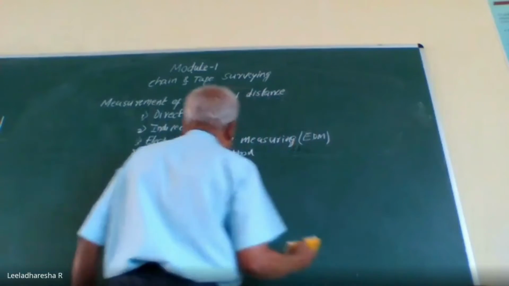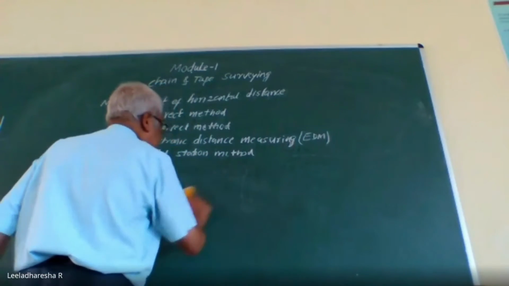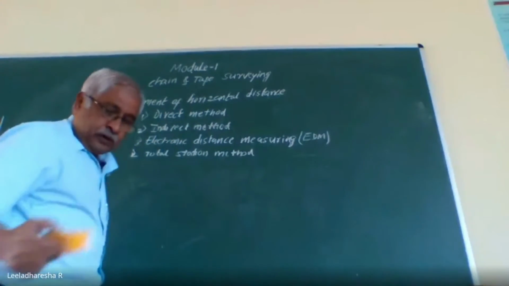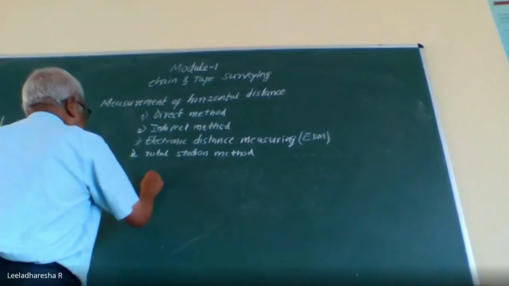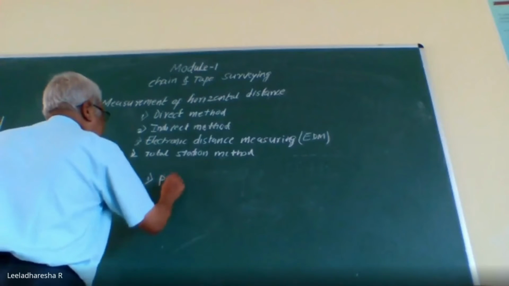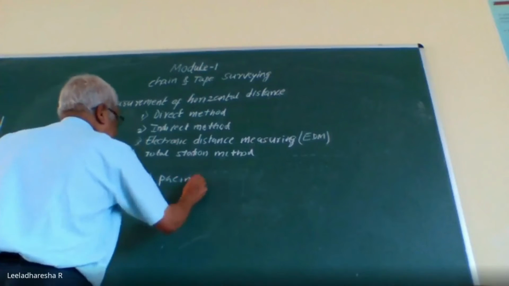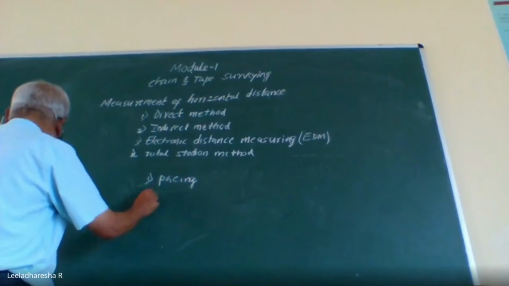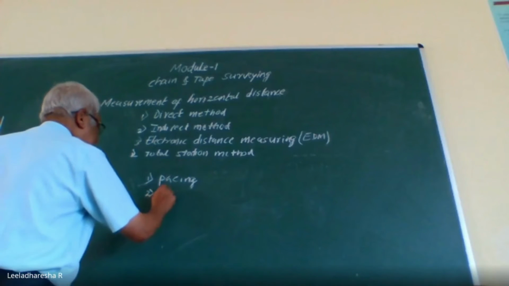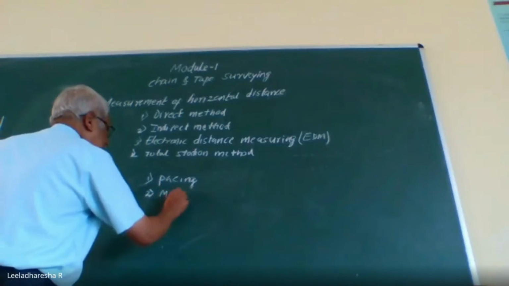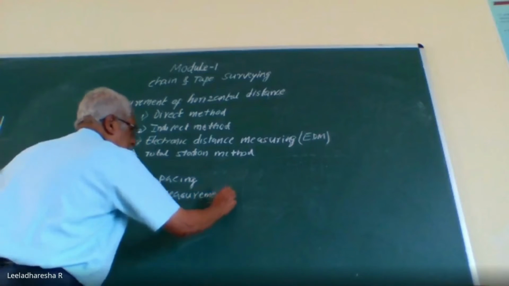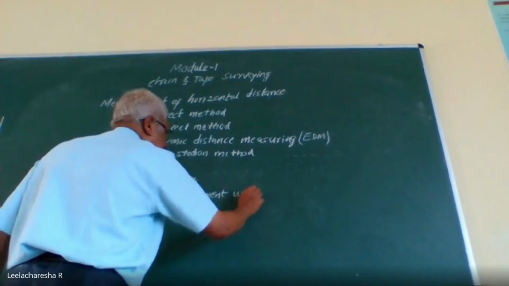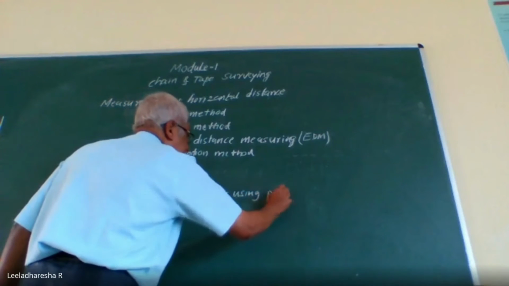Next, we will come to some of the direct methods. There are many direct methods which can be adopted. First one is called pacing. Second one is called measurement using tachometer.